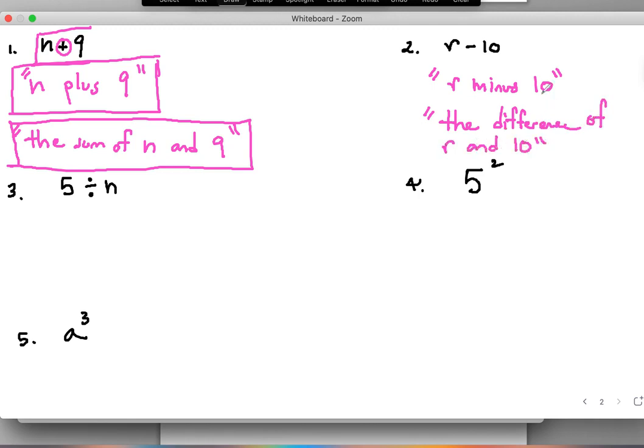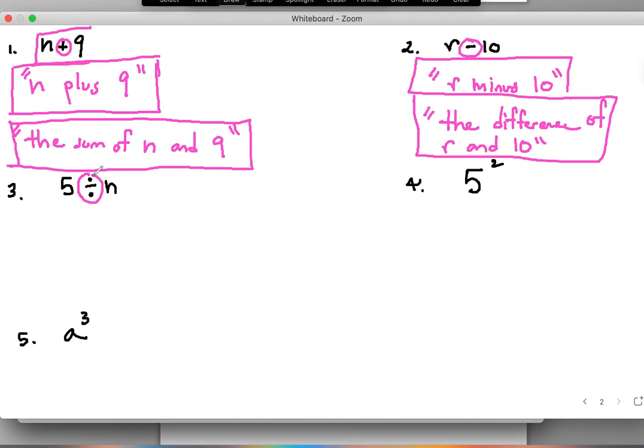And again, both of these are correct. This one, r minus 10, you could just write it like that. That's fine. Or you could say the difference of r and 10. The difference means subtraction. Minus obviously means subtraction. It all means this. Minus, right?